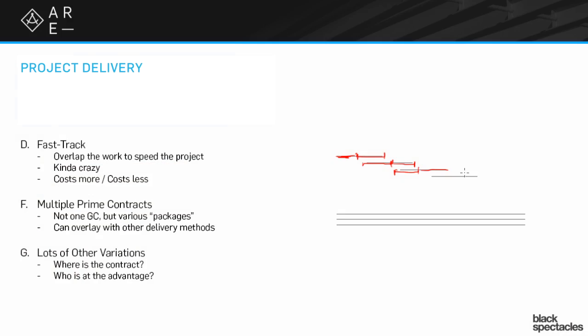Another interesting one is multiple prime contracts. Now, the multiple prime contracts is where I might have a whole series of different designers all working simultaneously on the same project. So I might have a set of designers who are doing, say, the shell and core, whereas a different set of designers who might be doing the specialty interiors.